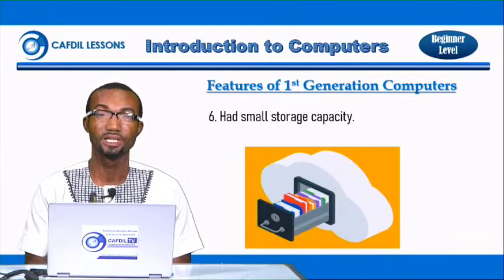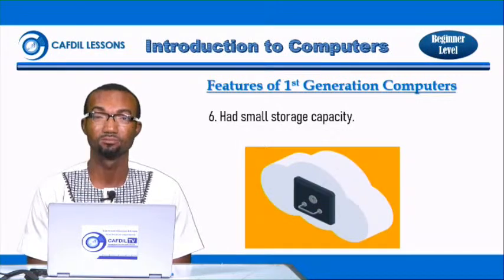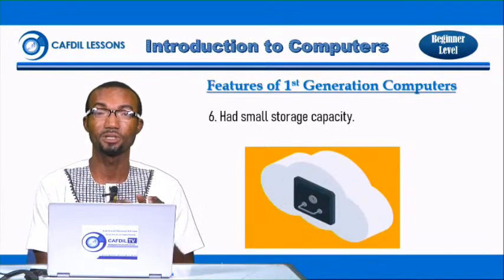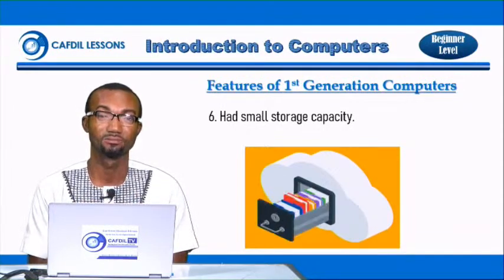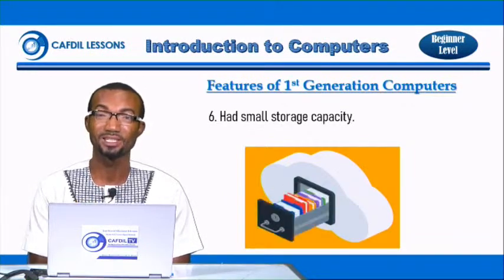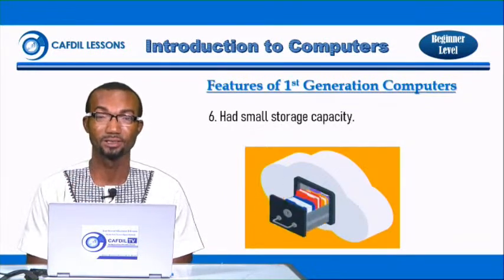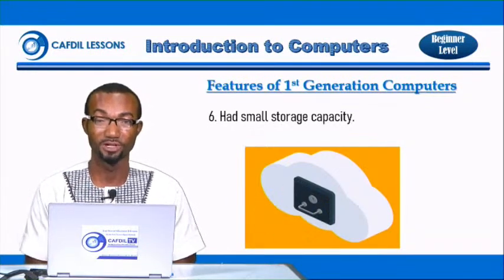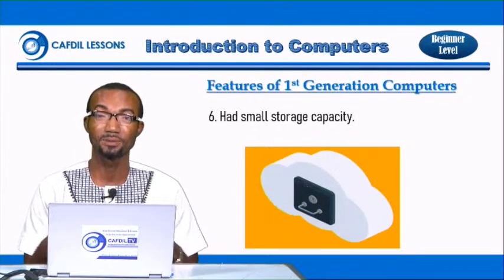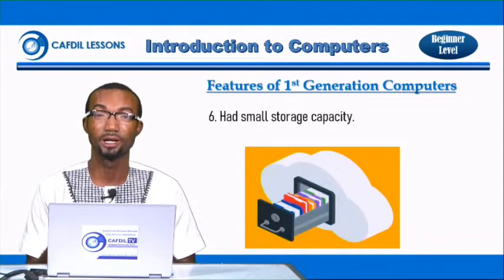Six, they had small storage capacity. So we said computers store data for immediate or later use. And during the first generation, the storage capacity of the magnetic drum that you saw was very small. Today we have large storage capacities when it comes to storage media or devices.